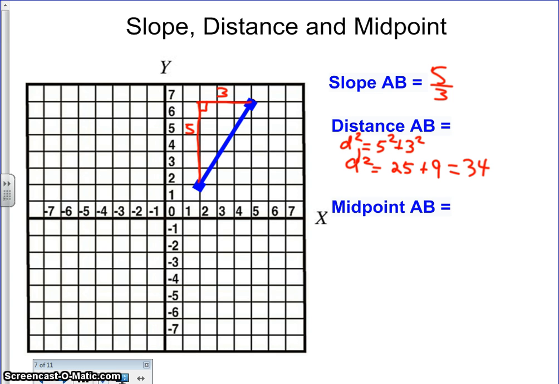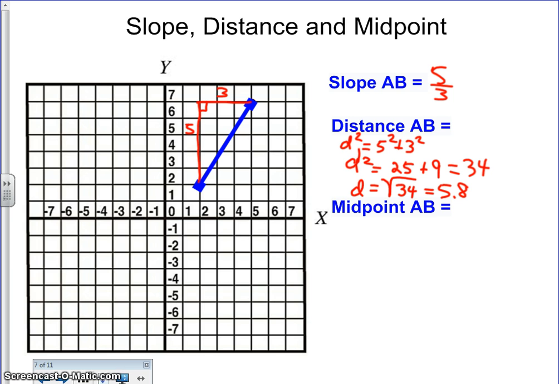So the only thing left to do is to take the square root of 34, and when we round that to the nearest tenth, we get 5.8. So 5.8 is our best approximation of the distance between those 2 points.